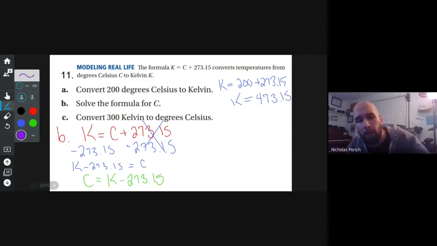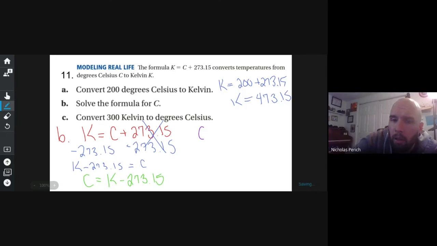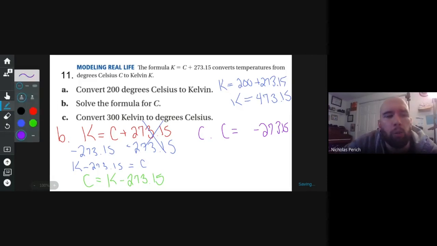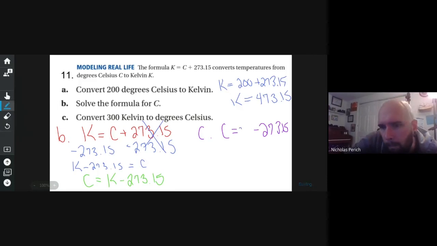And C has me taking that formula that I just wrote out, which I'm going to rewrite again. C equals K minus 273.15. And I'm going to turn K into 300. Let me just erase right there and turn it into 300.